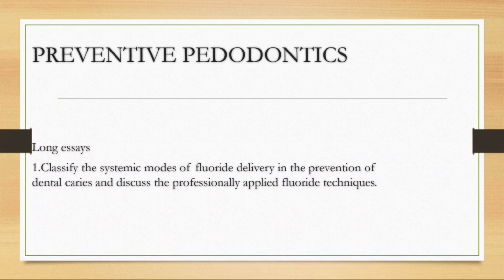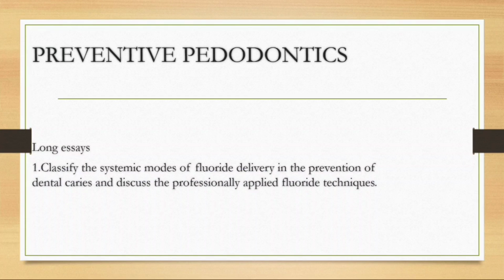Self-applied means the person can use it by himself or herself without much expertise, just like the toothbrush and using the fluoride toothpaste, the fluoride mouth rinse. Whereas professionally applied, where expertise is required, is just like topical fluoridation techniques: sodium fluoride, stannous fluoride, or APF gel.